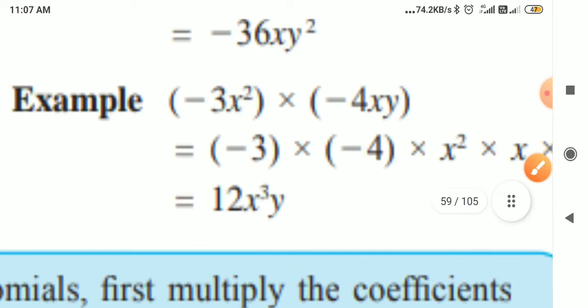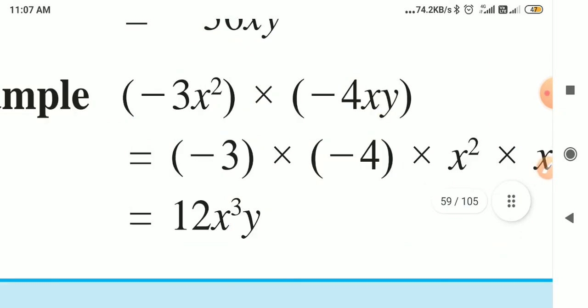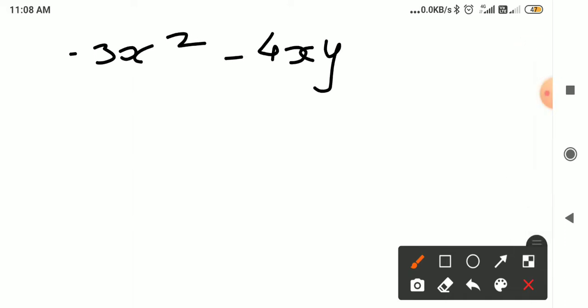Now the next example is minus 3x square and minus 4xy. Here we will do the multiplication of minus 3x square and minus 4xy. We have to do the multiplication of these two terms.